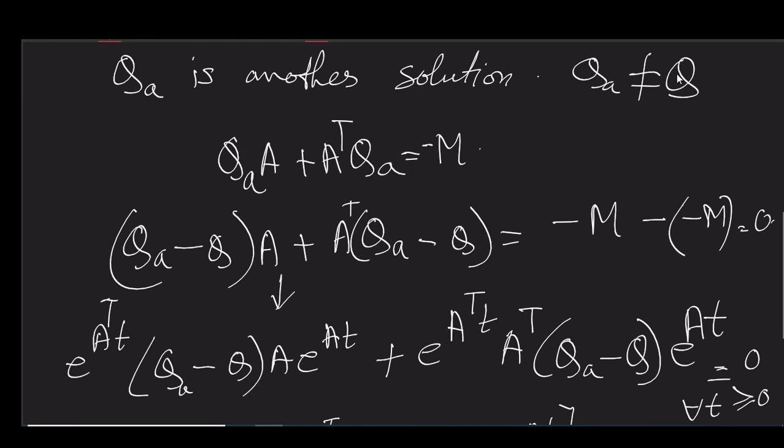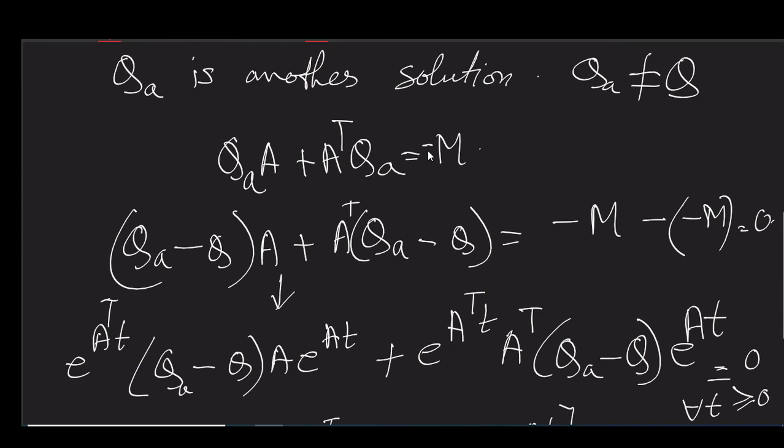So an obvious question that will come to your mind is that it was clear from this line, what was so special? Q tilde minus Q, Q A plus A transpose Q is equal to minus M, and Q tilde A plus A transpose Q tilde is equal to minus M. So both are equal. Then why not claim Q is equal to Q tilde? Why is this step not sufficient to claim Q is equal to Q tilde?